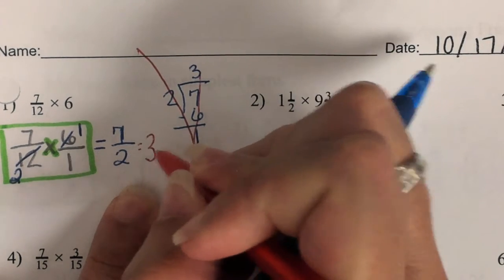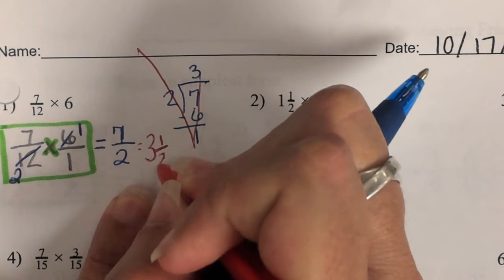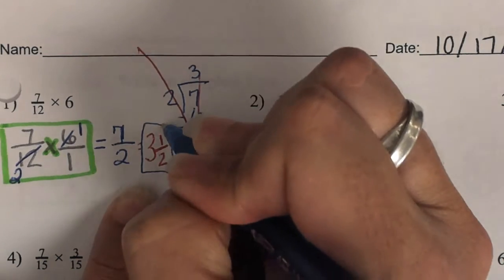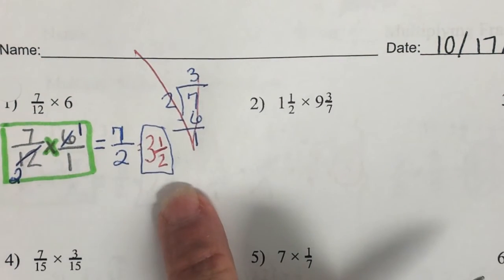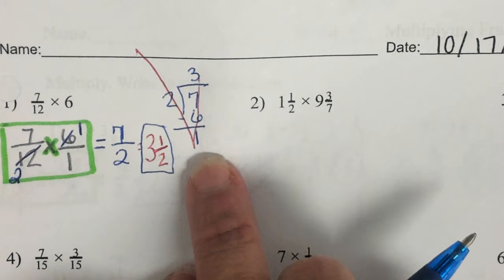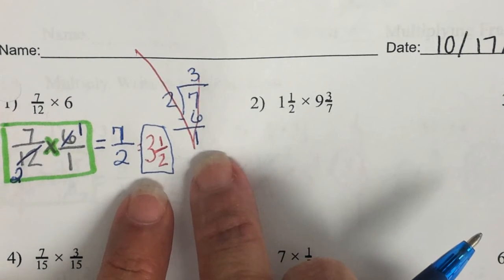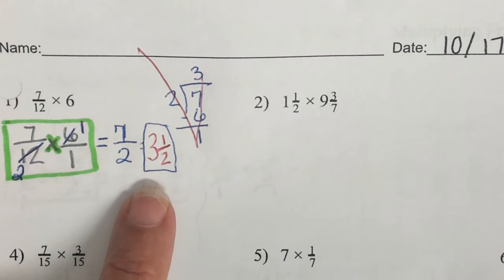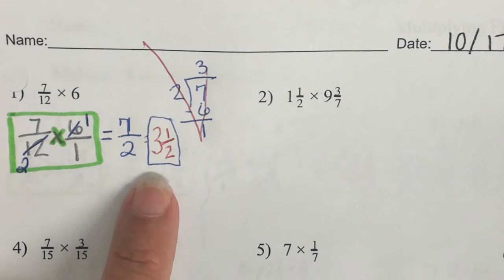Final answer is 3 1/2. I don't normally do the backwards check mark unless it's a huge big number. I'm just trying to show it one last time since I'm videoing how I got that. Good so far?